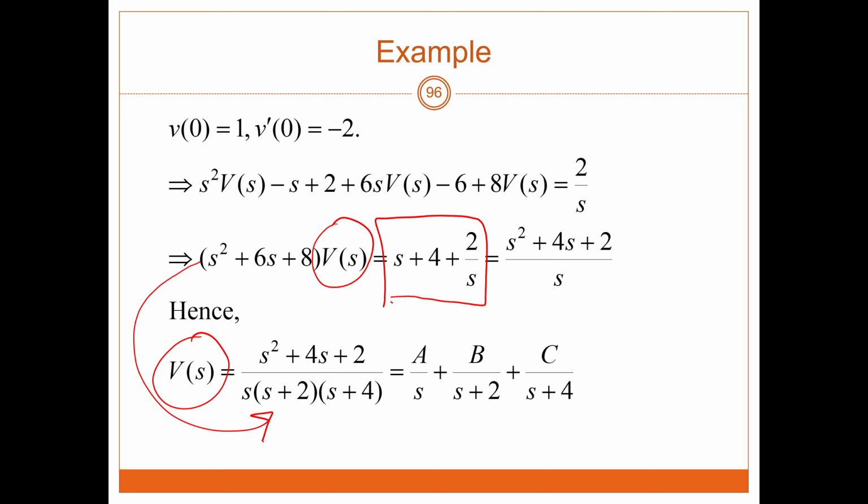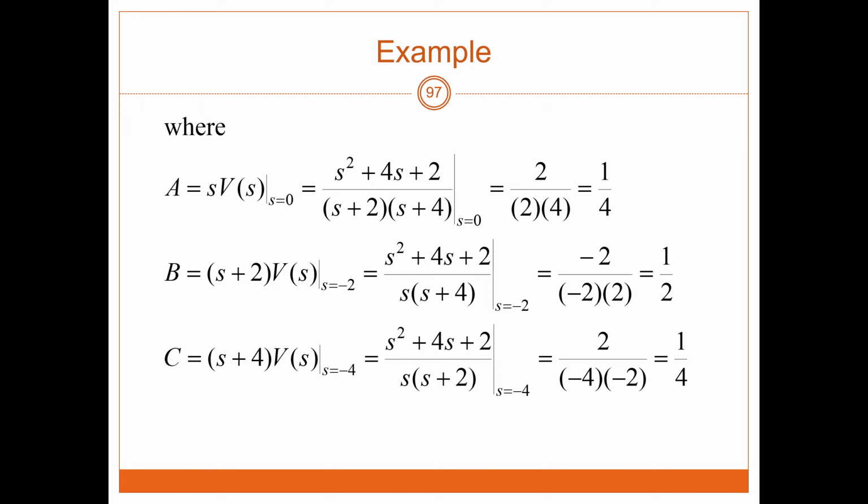Now we have the numerator s squared divided by s to the power of 3, so m is less than n. So we can do partial fraction equation: A divided by s, plus the second one, B divided by s plus 2, and C divided by s plus 4.